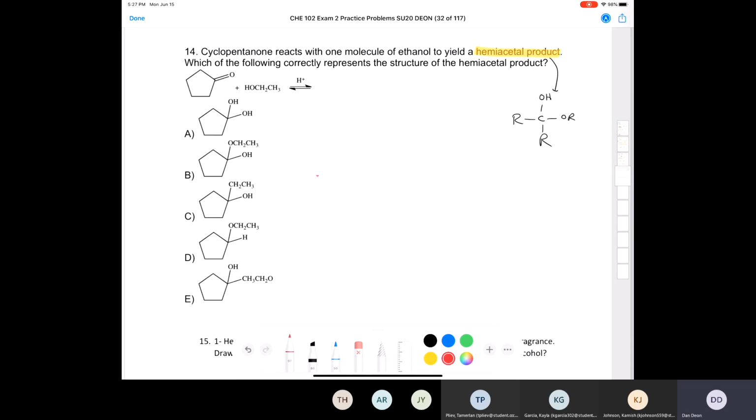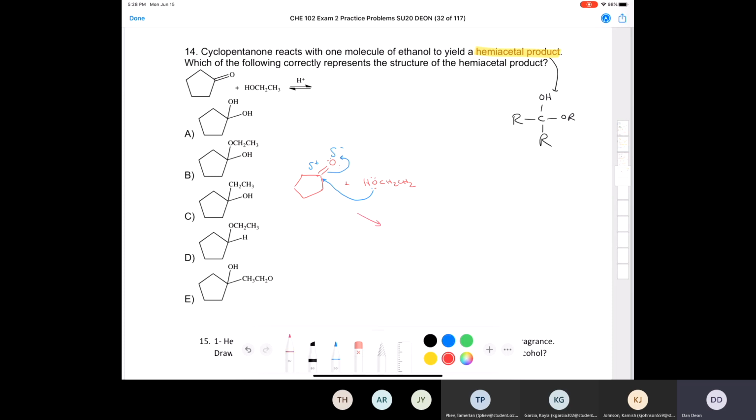So look, if we draw our ketone, cyclopentanone, and we draw our alcohol, which is ethanol. Remember, I told you there's a dipole here, like that. So that means this oxygen is partially negative and this carbon is partially positive. The electrons from the ethanol are going to be attracted to the partially positive carbon, and you end up breaking the pi bond.